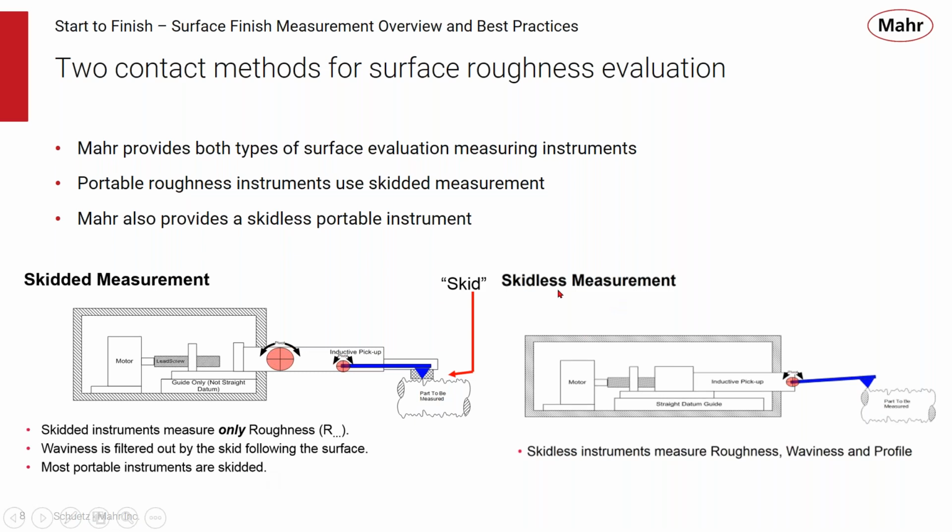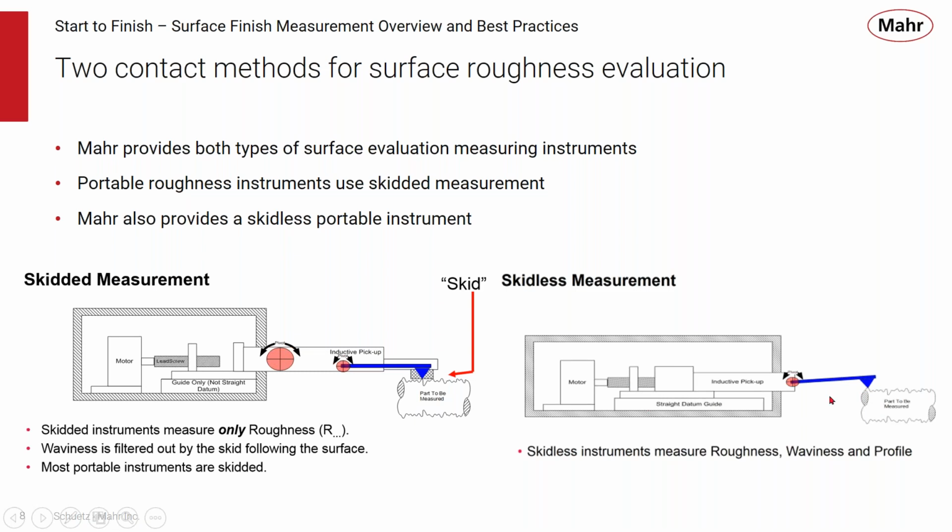Now we also have a skidless type of measurement. This is where you have a precision datum guide inside the drive system, and the probe itself, the very fine stylus, is moved over the parts. Compared against that straight datum, this skidless system can measure roughness, waviness, and profile.